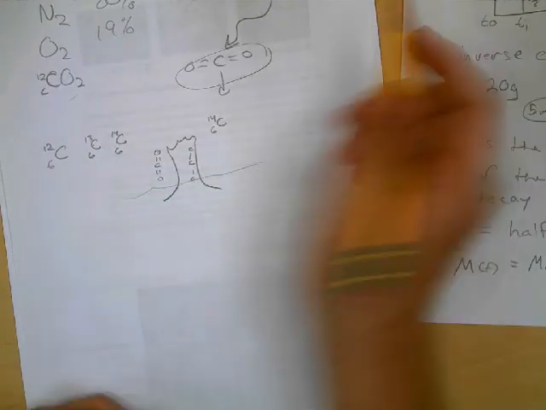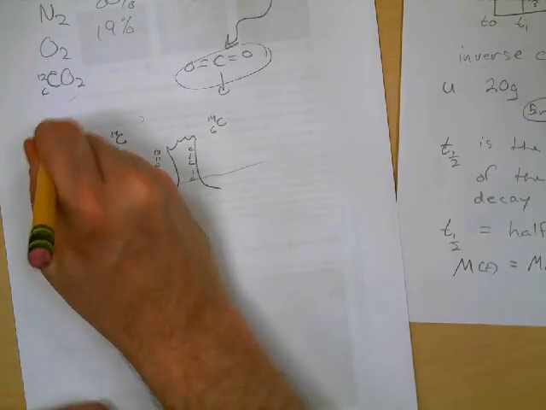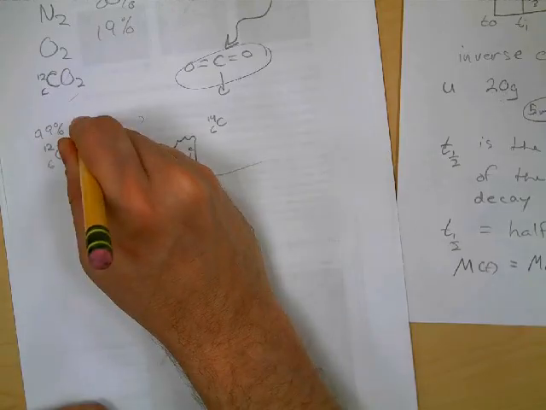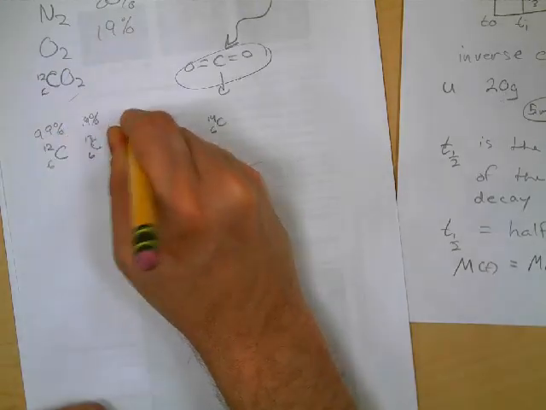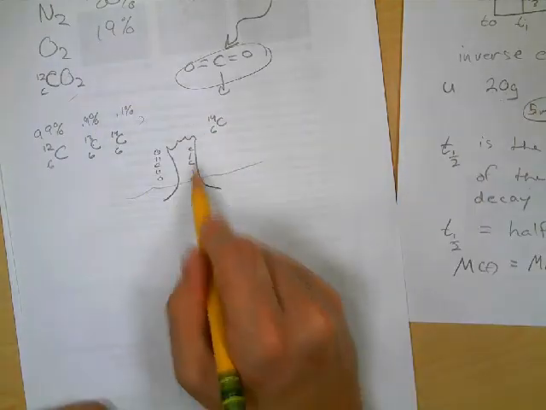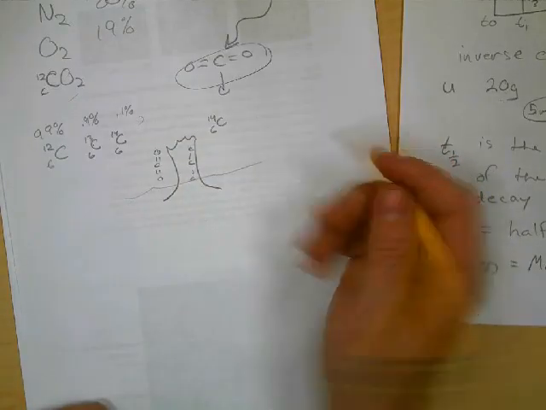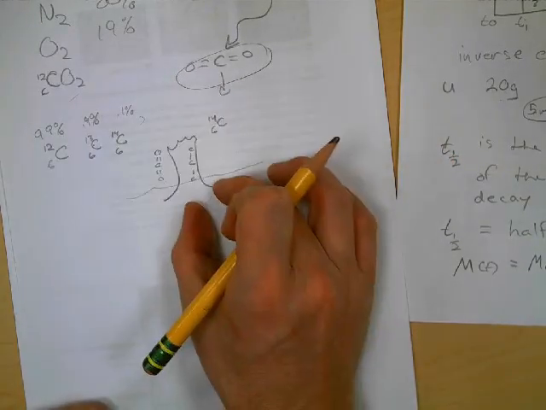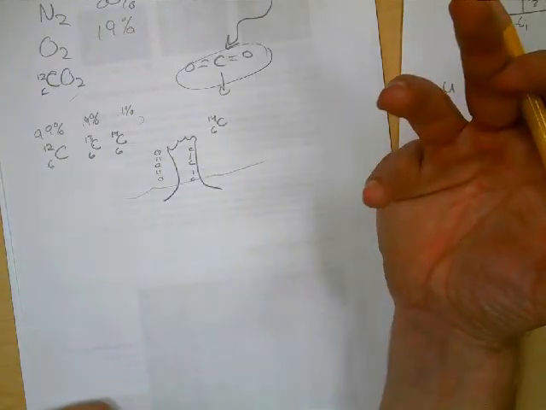If you had 99% here and like 0.9% here and 1% of this, if that was the composition in the atmosphere, then that's probably going to be the same composition as the plant, because those are the pieces the plant can suck out of the air and turn into its own structures. We eat the plants, right?